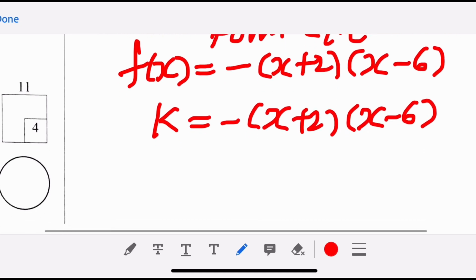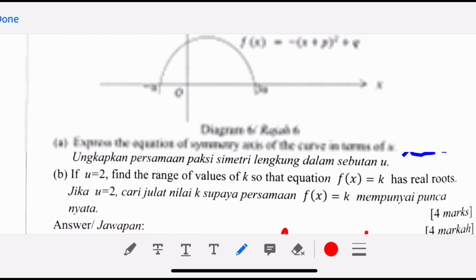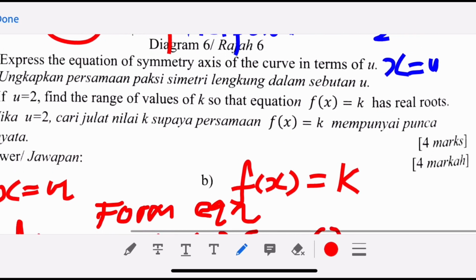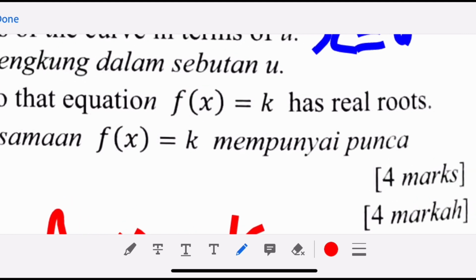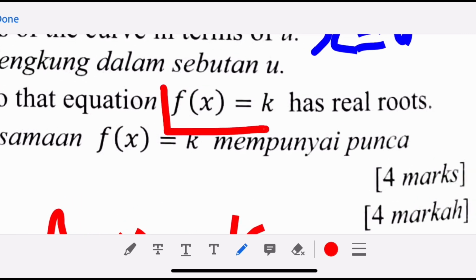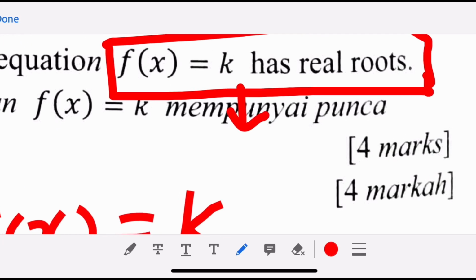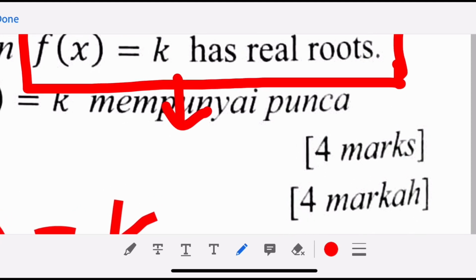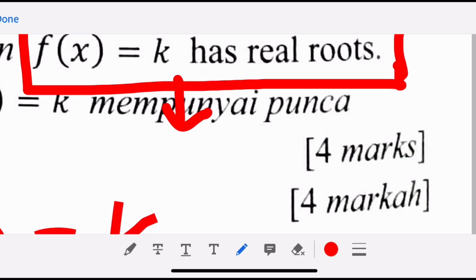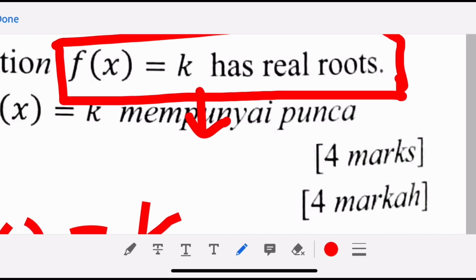Now you have an equation, a normal function, because the value of the function is given as k, and it has real roots. Now I need to explain what real root means. For example, you have a quadratic equation and you solve it, and you get the x values.